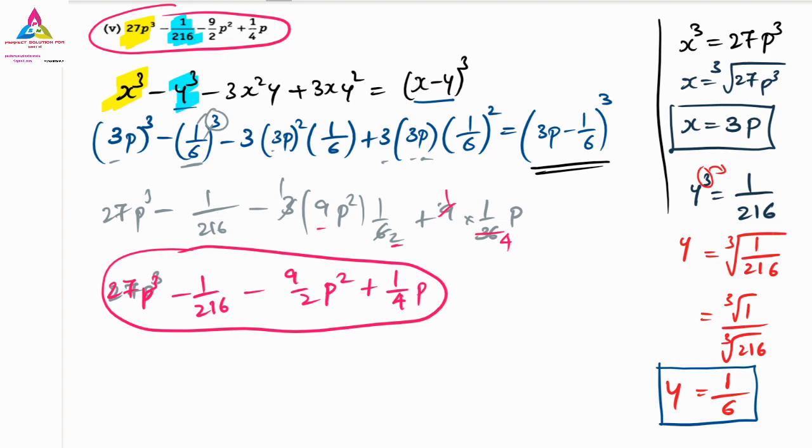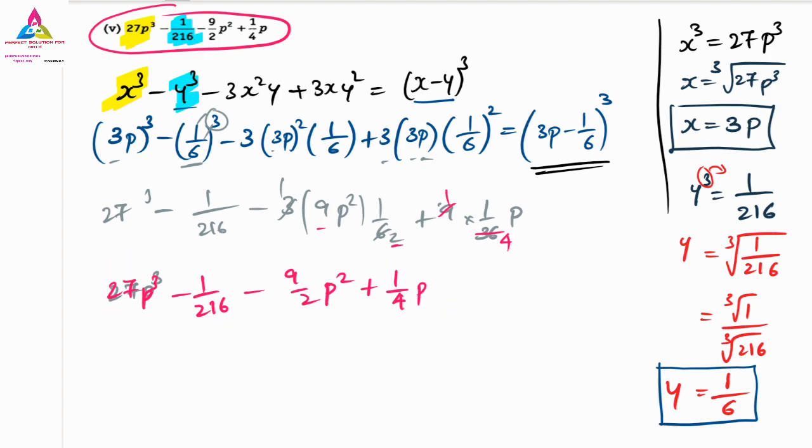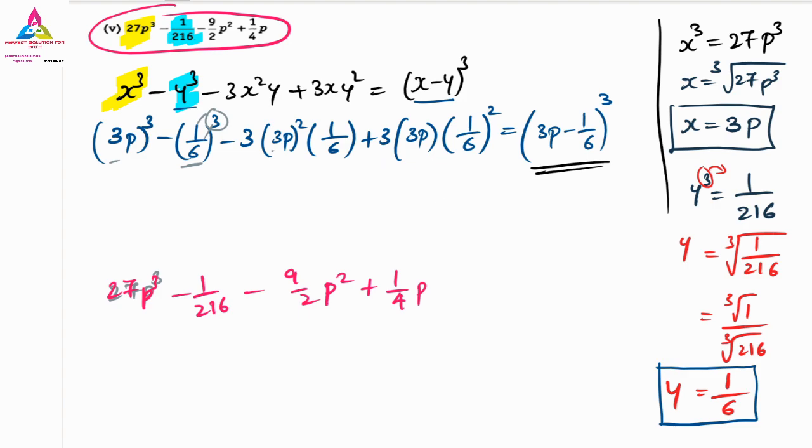If it is similar, your answer is correct. You can see 27p cube minus 1 by 216 minus 9 by 2 p square plus 1 by 4p. It is correct. This is not needed to write. I am doing it only for your verification.